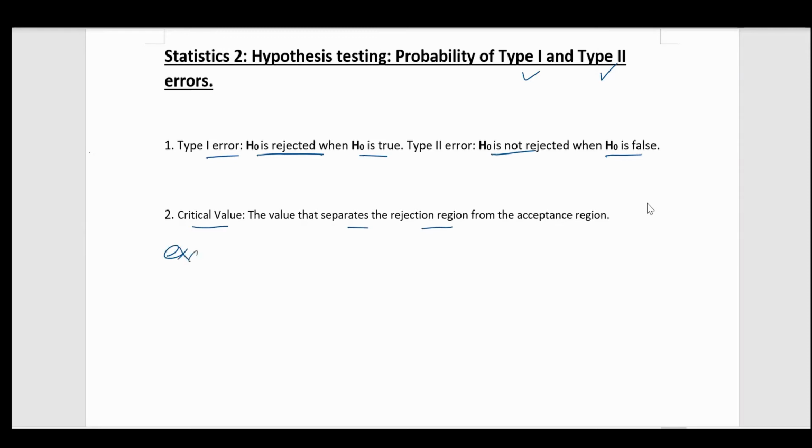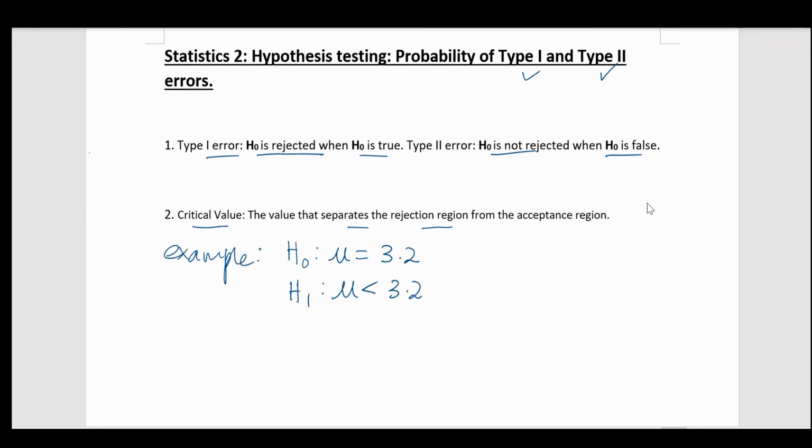For example, let's say we are carrying out a test where the null hypothesis is that the mean is 3.2 and H1 is that the mean is less than 3.2.